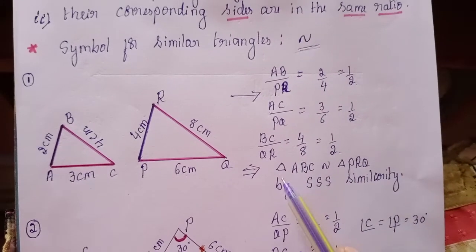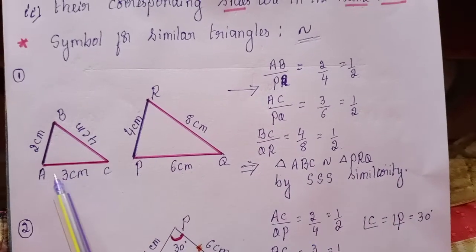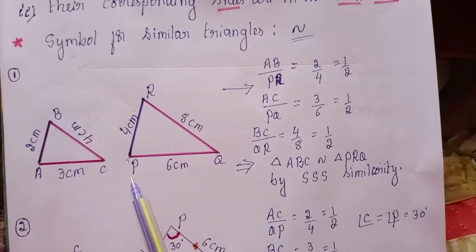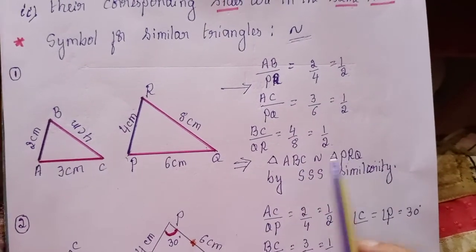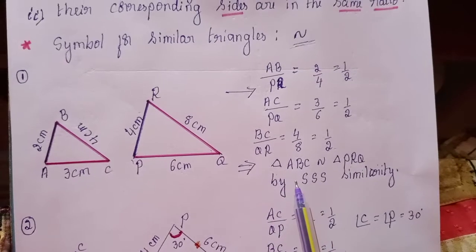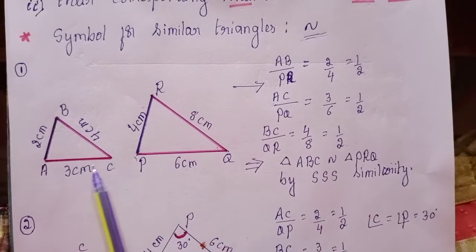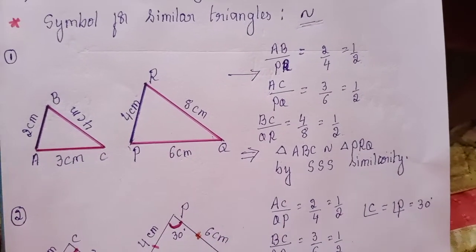Hence, triangle ABC is similar to triangle PRQ. Be careful in writing the corresponding vertices when writing similarity statements. So by SSS similarity, these two triangles are similar. You can observe the two triangles have the same shape but sizes are different.